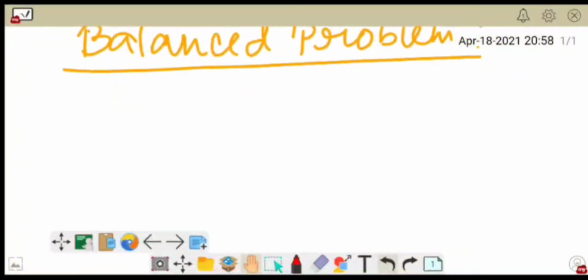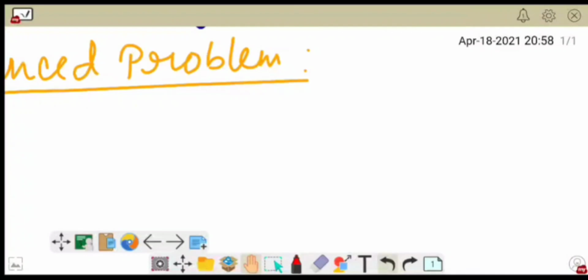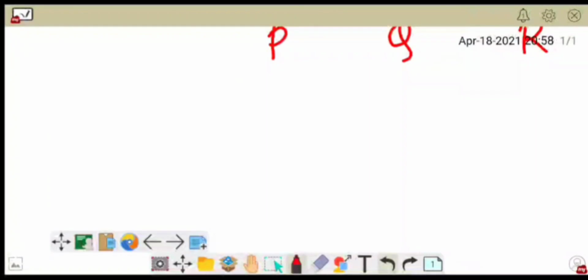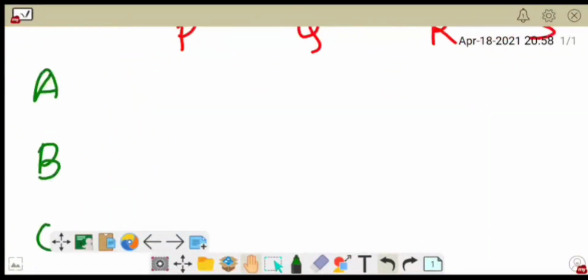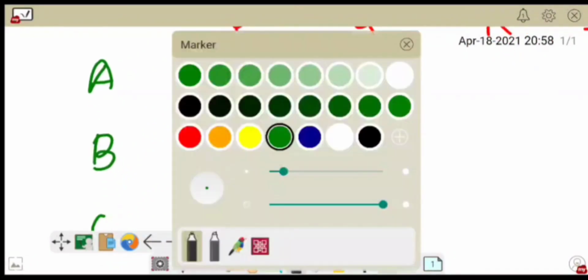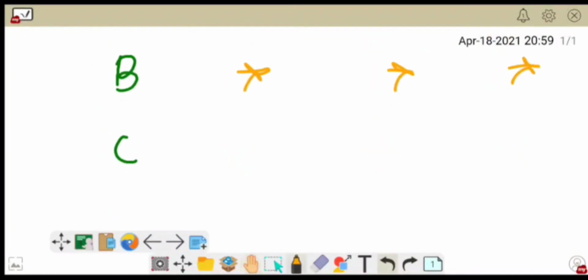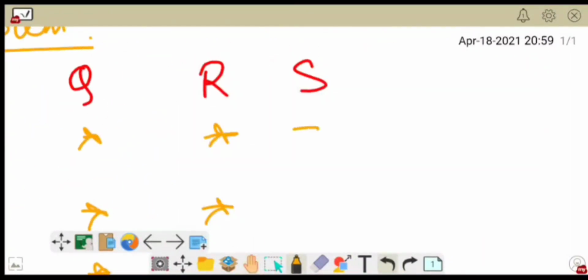So the balanced problem will look like this. We know that there were four columns P, Q, R, S, consisting of A, B, and C. Just like the previous unbalanced matrix, we give the stars on that.